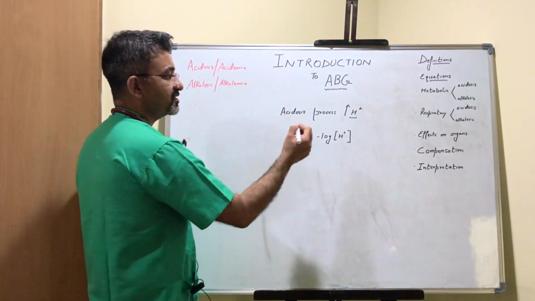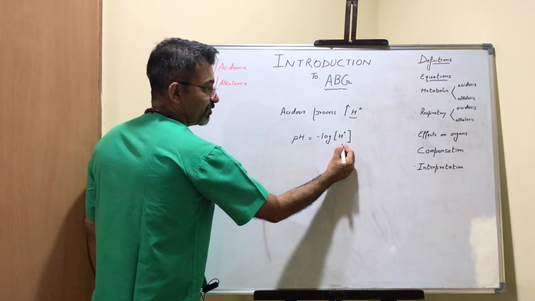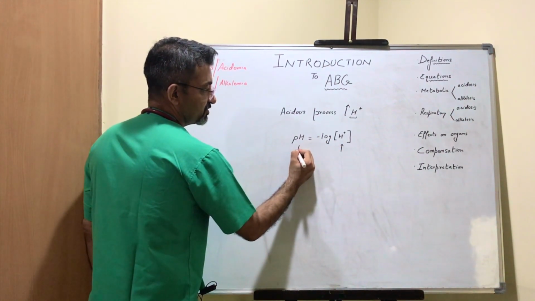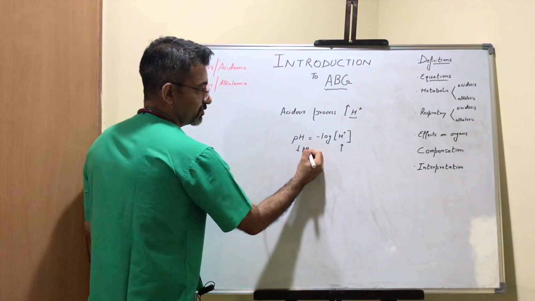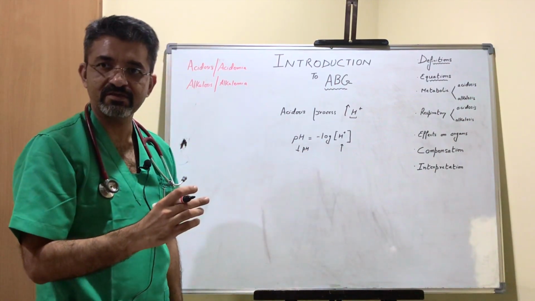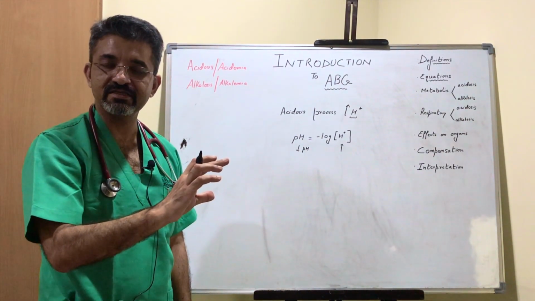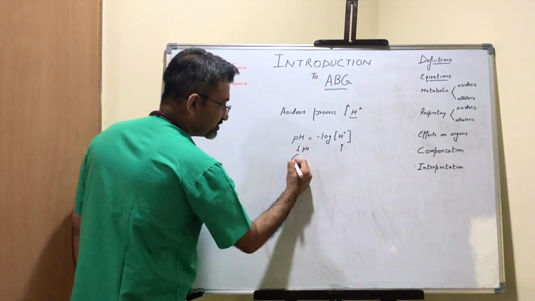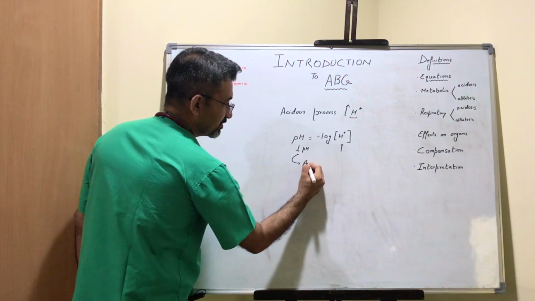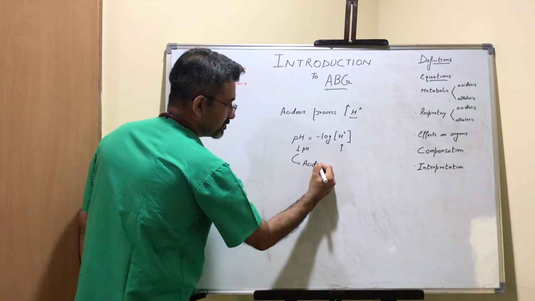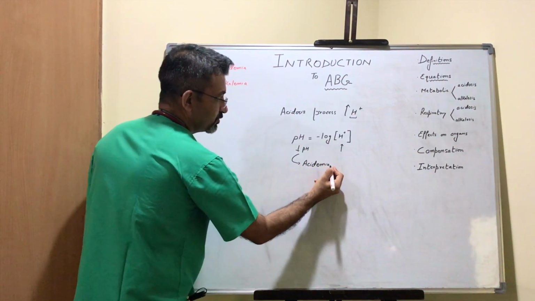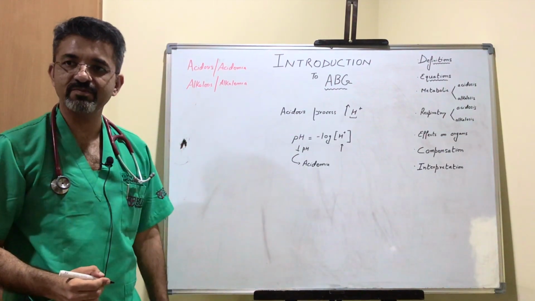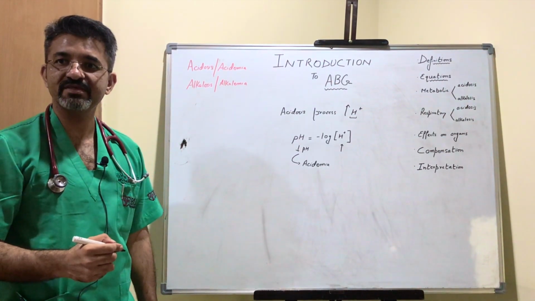So any process which increases my H ion in our body will decrease the pH, and this decrease of pH is known as acidemia. So acidosis is a process, the outcome is acidemia.